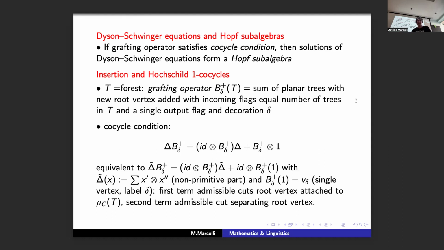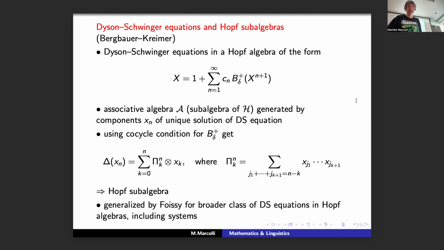And the equation that describes the Dyson-Schwinger equation comes from looking at a fixed point equation where you make a formal variable that is a sum of variables in each degree of the Hopf algebra.